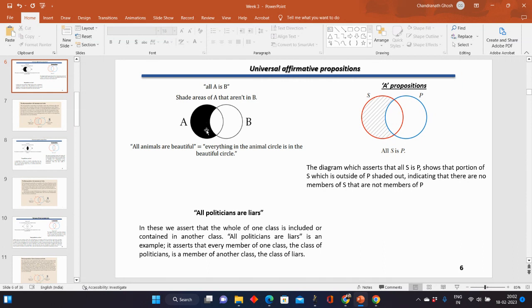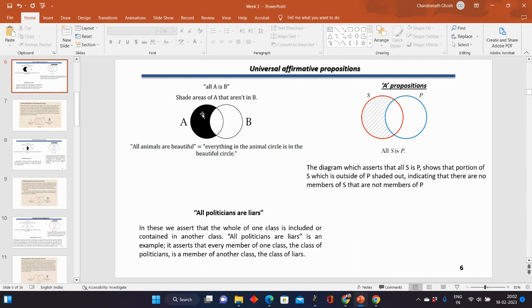All women are human. So let's say A is women and B is human. Then all A is B means this colliding portion. If you understand it like that, the remaining portion will be blackened, so it means there is nothing there.